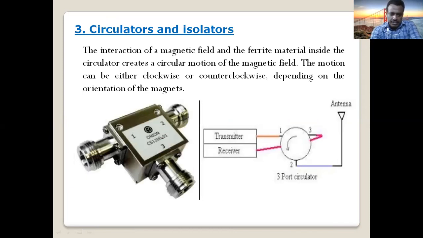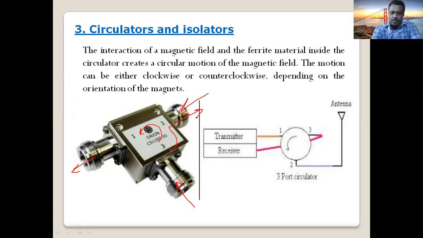So if this is an anti-clockwise circulator like this, and you connect the signal at port number 2, it is guided to the next port and the output is there. It will not go to port number 3. If a signal comes from port number 3 as input, because this is anti-clockwise, it will be guided here and you will get it out.